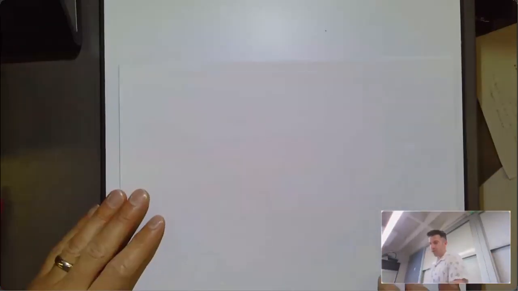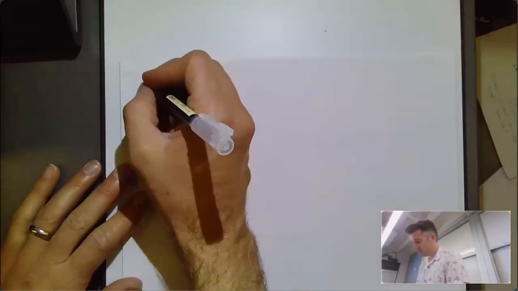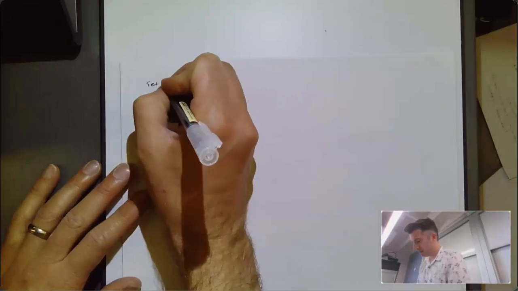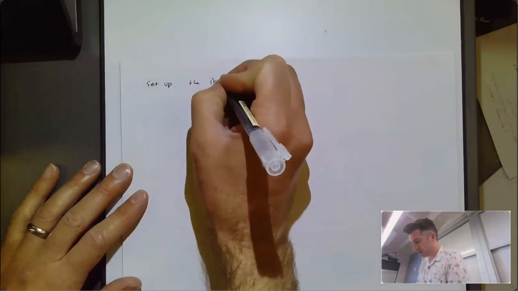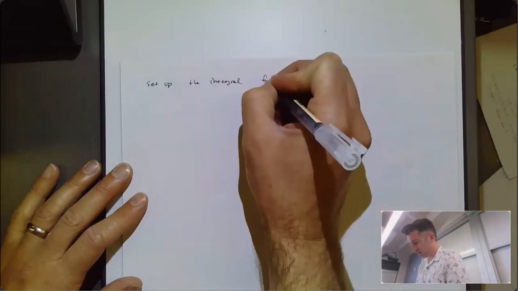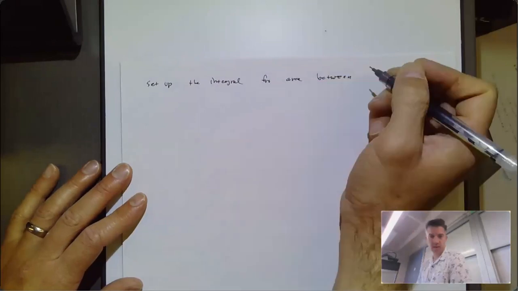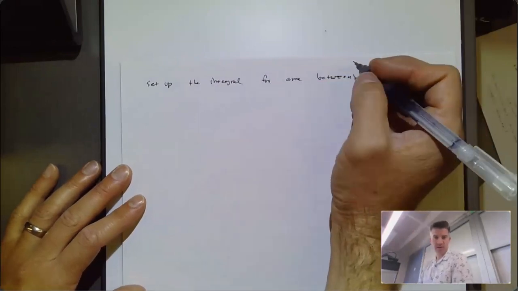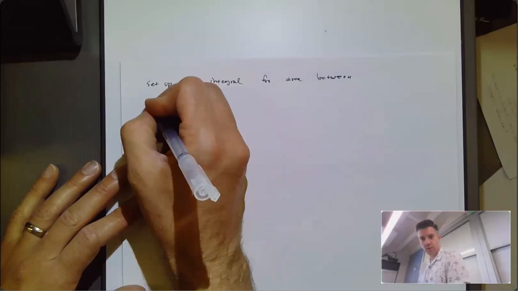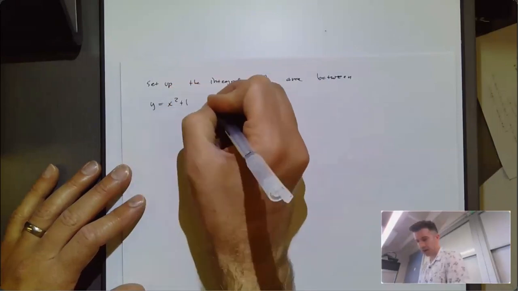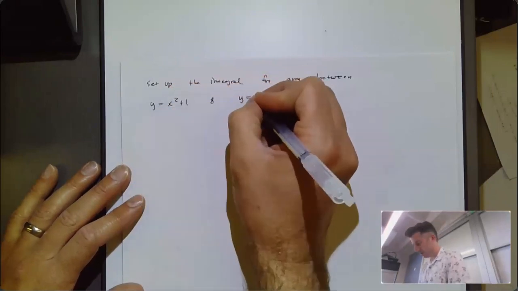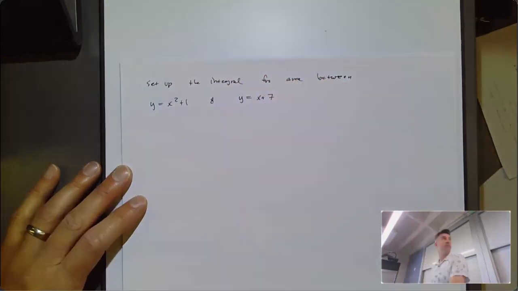But let's look at this question here. Let's set up the integral for the area between y equal to x squared plus 1 and y equal to x plus 7.